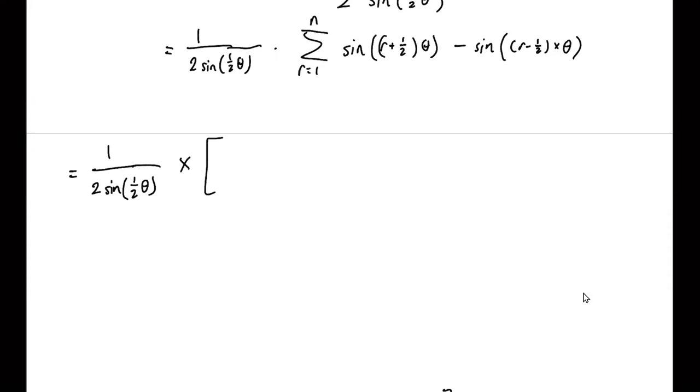So let's do that. So we get sine of 1.5, that's 3 over 2 theta, minus sine of 1 minus half, that's 1 over 2 theta.